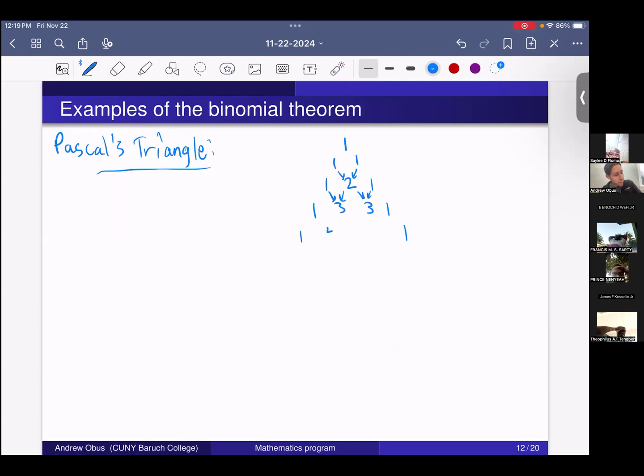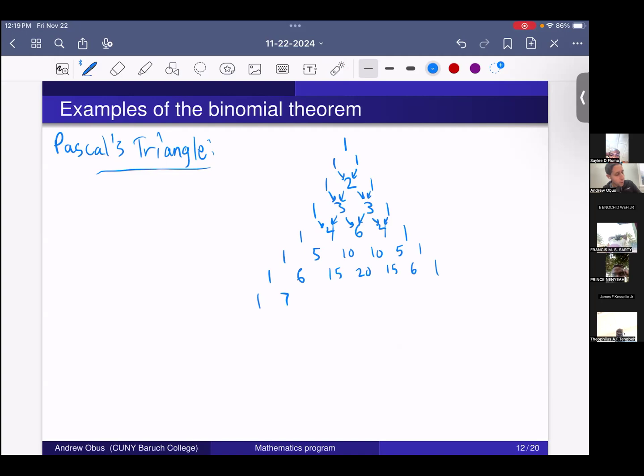And here we have 1 plus 3 is 4, 3 plus 3 is 6, 3 plus 1 is 4, right? Each entry in the triangle is the sum of the two entries above it. And we could do another row if we want to, 1, 5, 10, 10, 5, 1, maybe even one more row, 1, 6, 15, 20, 15, 6, 1.